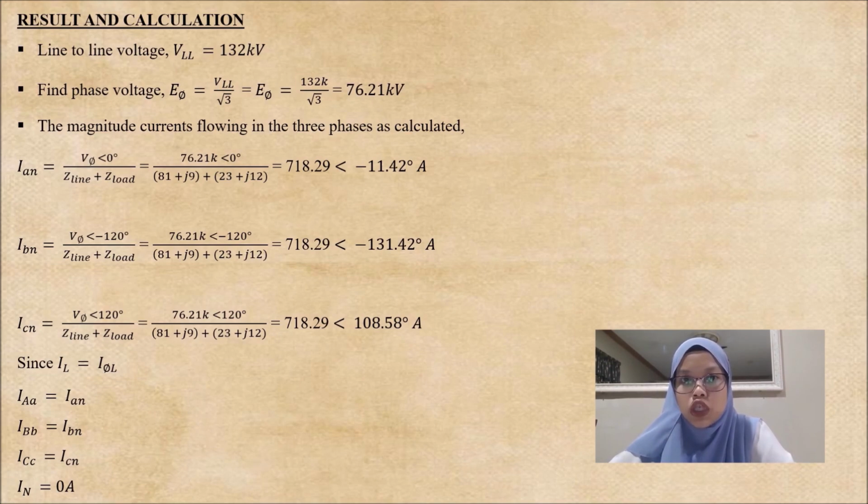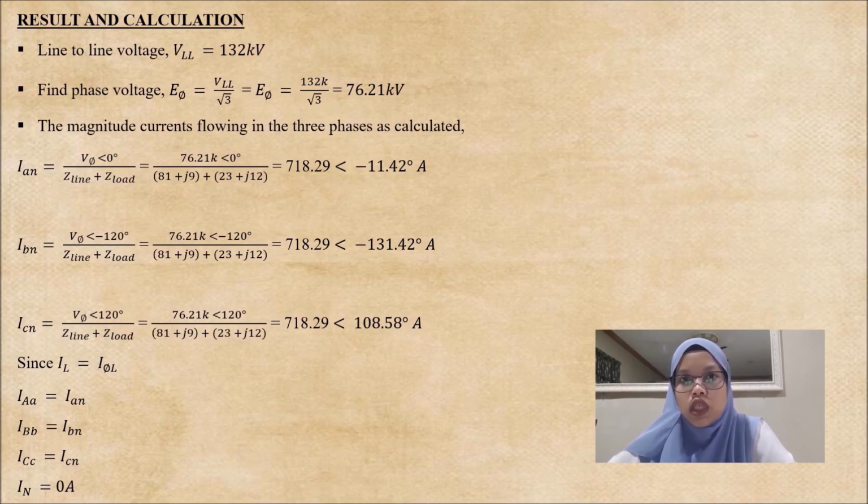Phase voltage is equal to line-to-line voltage divided by root 3. Line-to-line voltage 132 kilovolt divided by root 3. So the phase voltage that I get is equal to 76.21 kilovolt.